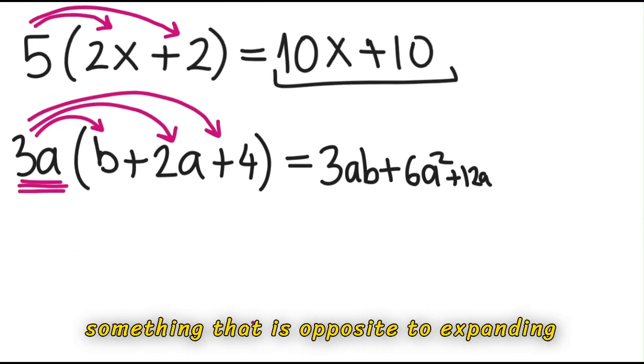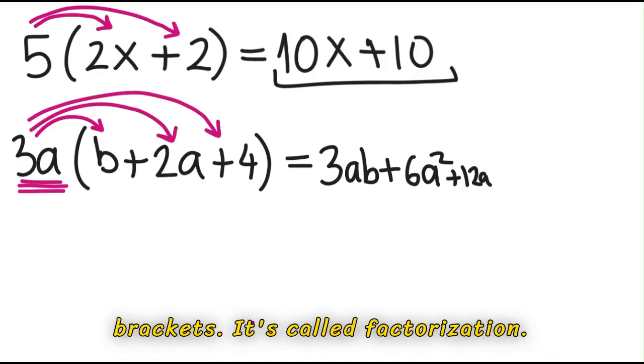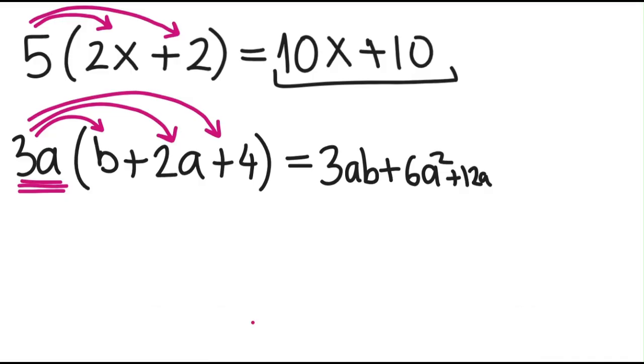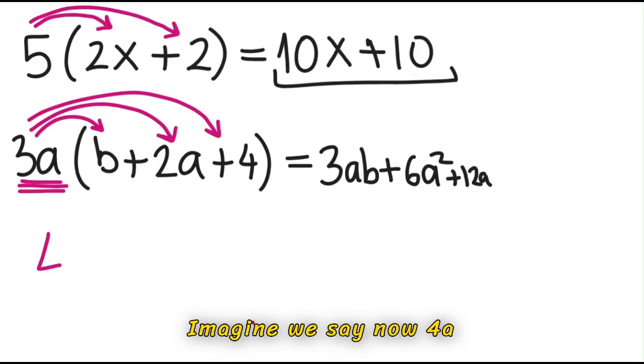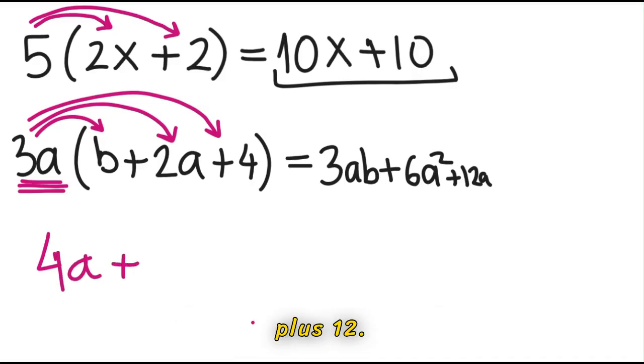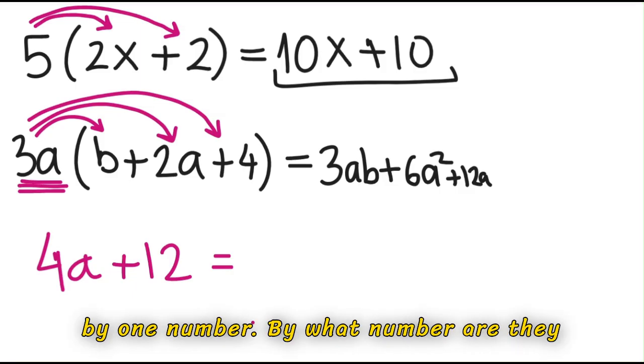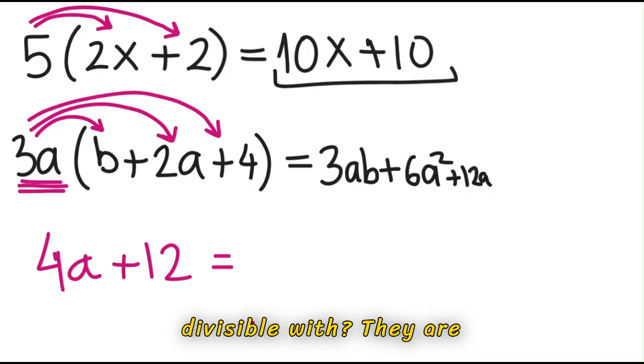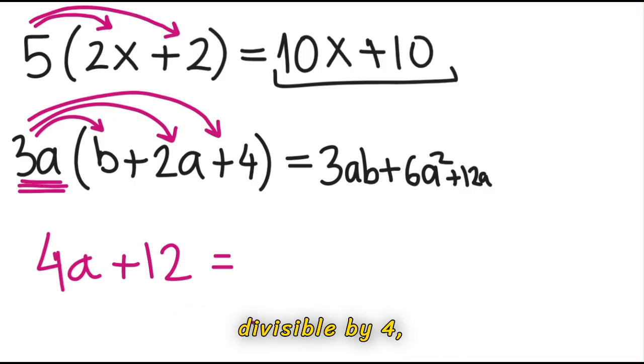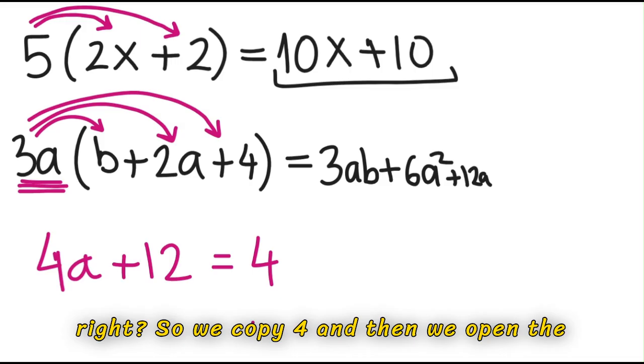Now we have something that is opposite to expanding brackets. It's called factorization. Imagine we say now 4a plus 12. Both 4a and 12 are divisible by one number. By what number are they divisible? They are divisible by 4, right? So we copy 4 and then we open the brackets.